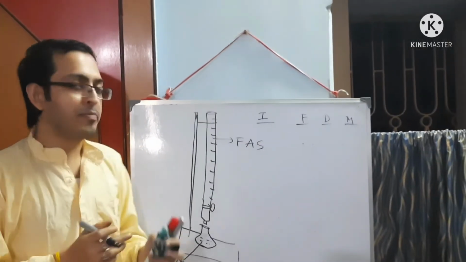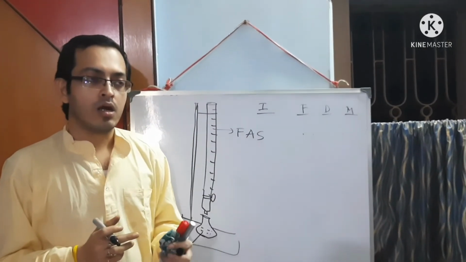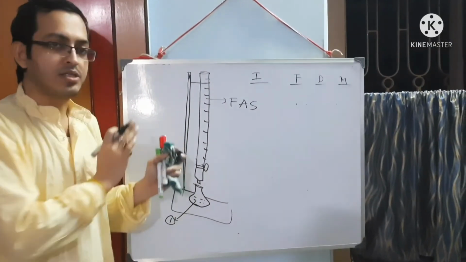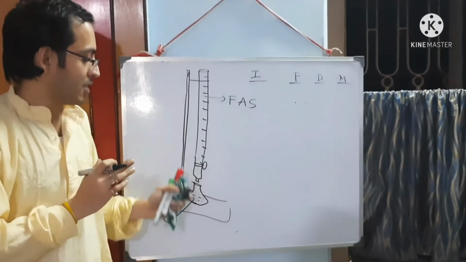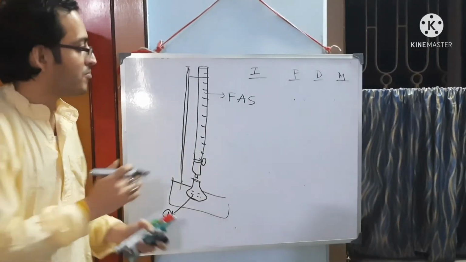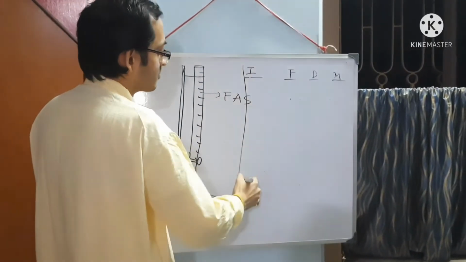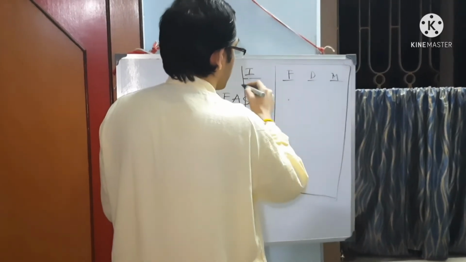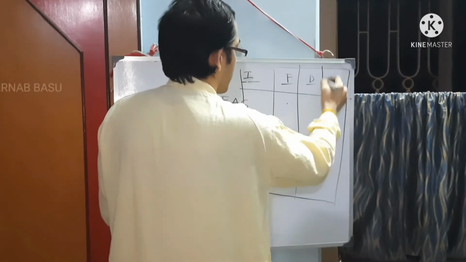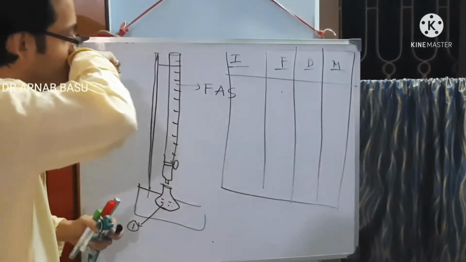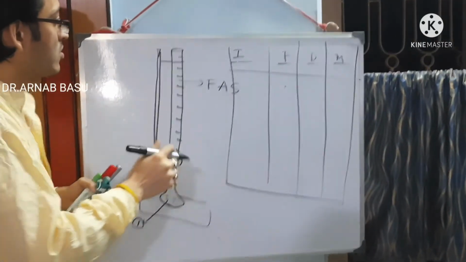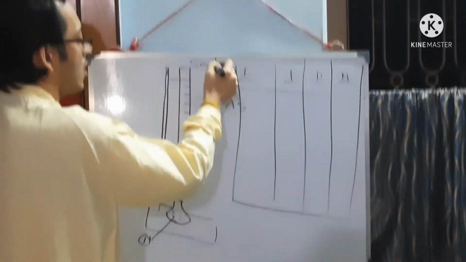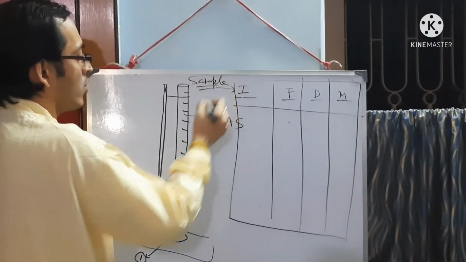We have to repeat this titration 3 times for each sample and the blank. So suppose this table is for our water sample.